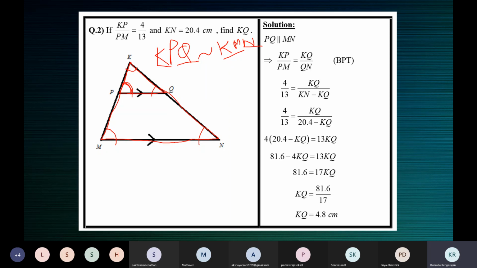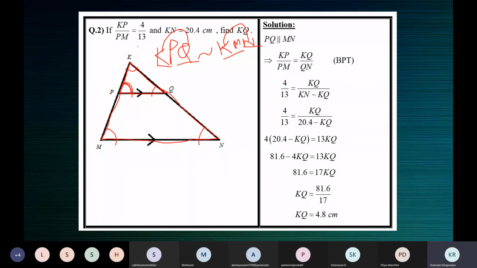That we don't need. We don't have to write it, and maybe in the next step you can just ignore that. PQ by MN is not needed. It is equal to KQ by KN. Yeah, we need to write that.